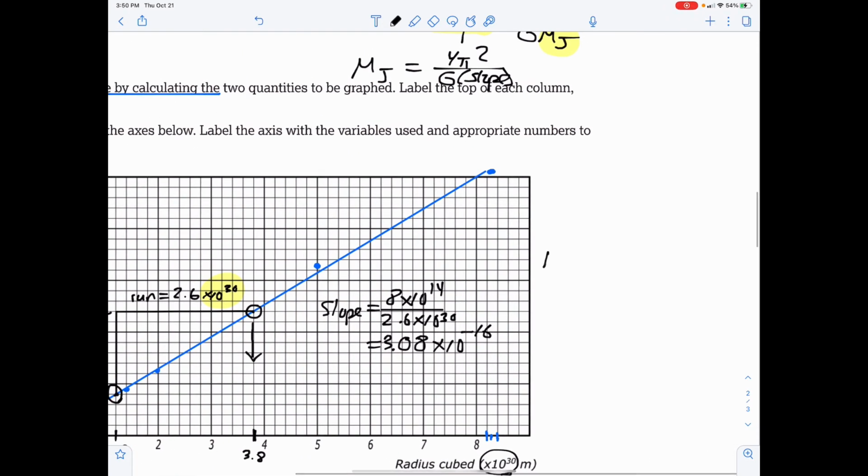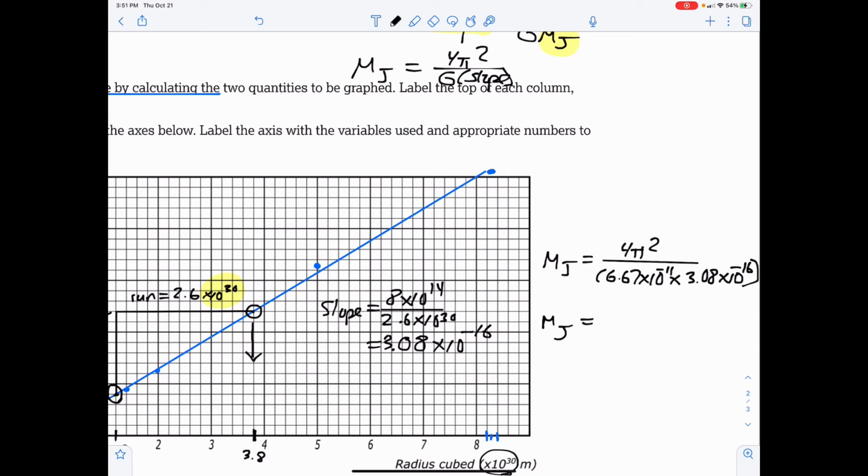Okay, so the mass of Jupiter would be 4 pi squared, which, by the way, is 39.5 when you multiply 4 times pi squared, over g, which is 6.67 times 10 to the negative 11, times the slope, which we found to be 3.08 times 10 to the negative 16. So 4 times pi squared is 39.48.